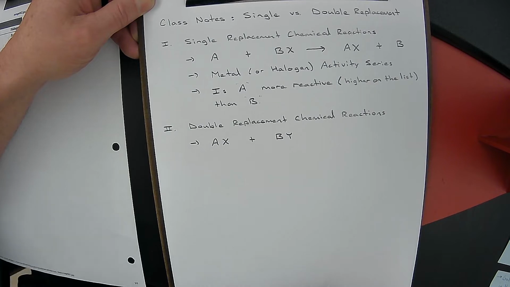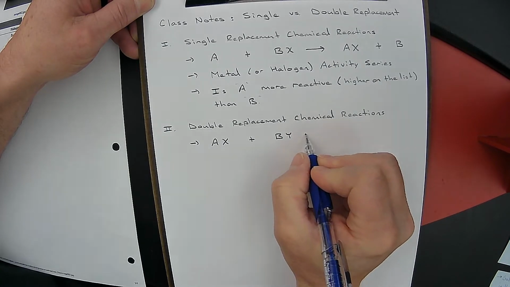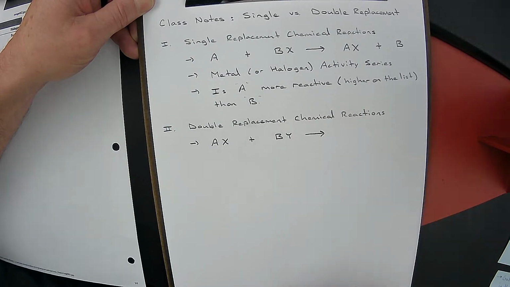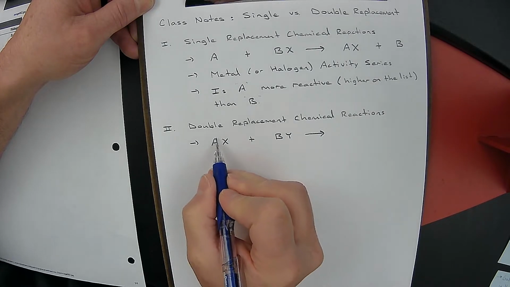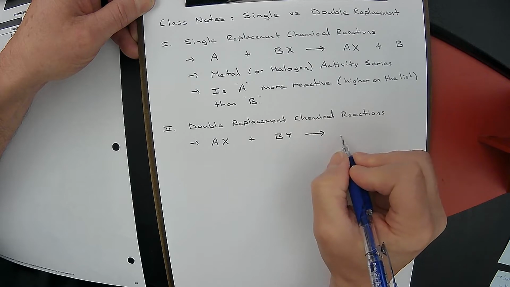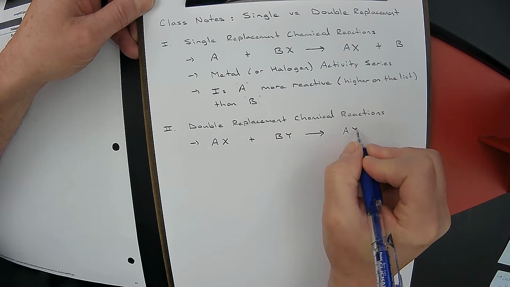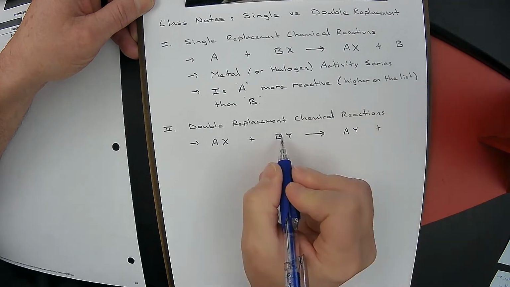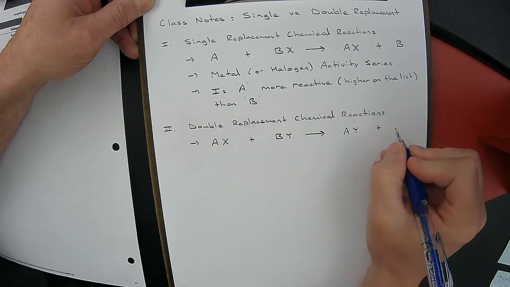So an AX and a BY. And then the question that we're going to ask ourselves is, will A stick together with Y, or will B stick together with X?